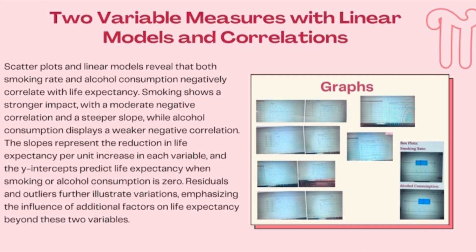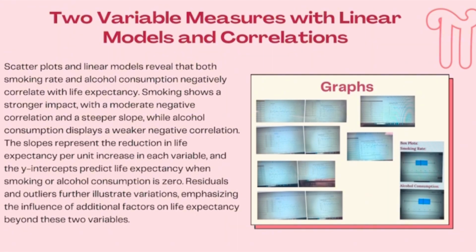In contrast, the scatter plot for alcohol consumption versus life expectancy reveals a weaker negative correlation with a slope of 0.2, indicating that life expectancy decreases by 0.2 years for every additional liter of alcohol consumed. The y-intercept of 81 shows a predicted life expectancy of 81 years with no alcohol consumption.